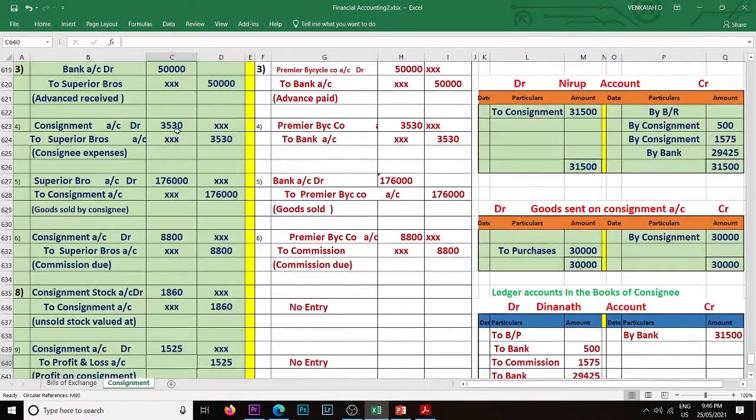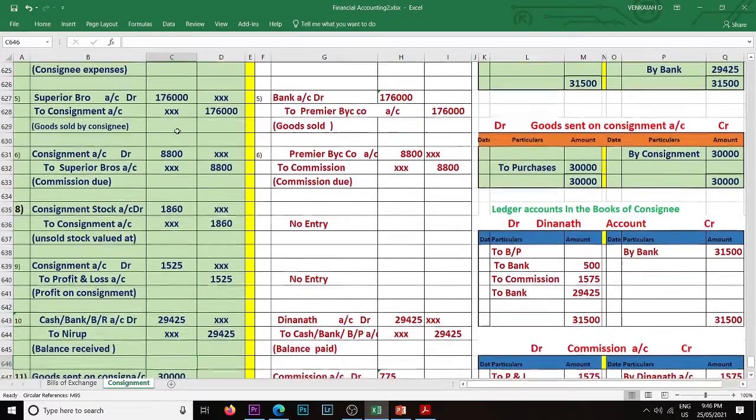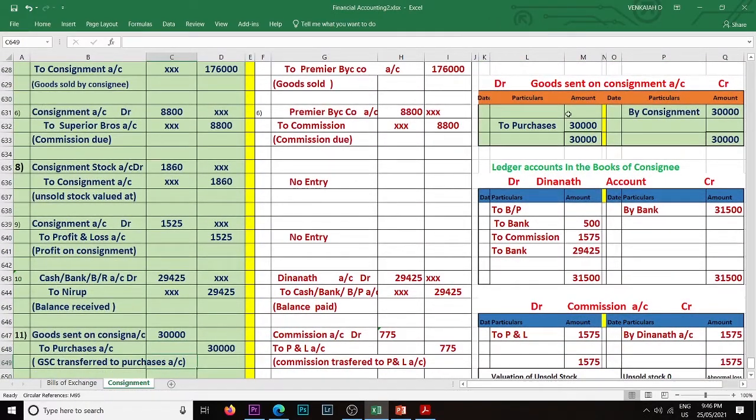That is octroi, okay? We'll come to that. I am just changing the consignor name. You please remember all the journal entries.